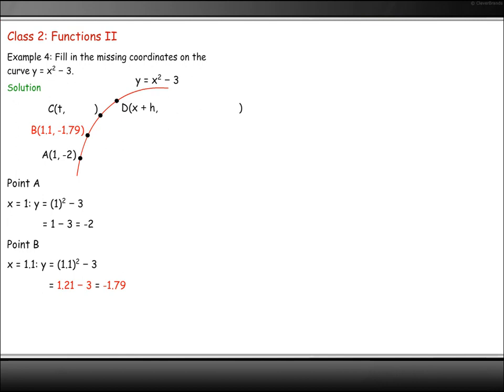Move on to point C. Replace x by t in the equation of the curve. The coordinates of point C are (t, t squared minus 3).